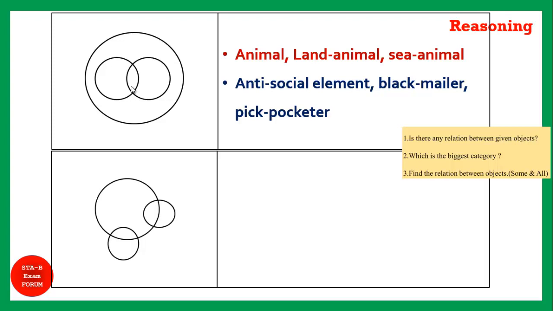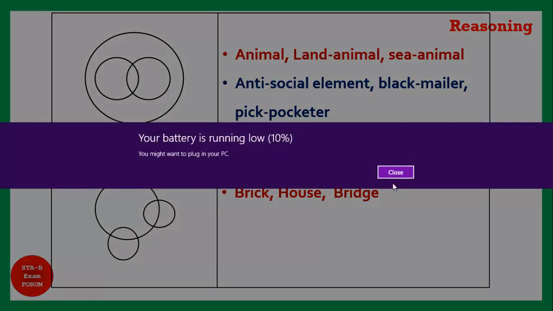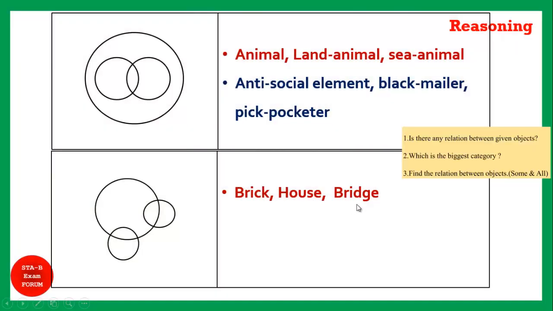Coming to the last category, I think this is brick, house and bridge. Is there any relationship? A small relationship you can find. What is the biggest category? I think the biggest category is brick, because from brick you can make a house, and from brick you can make bridges. But there is no relationship between house and bridges.